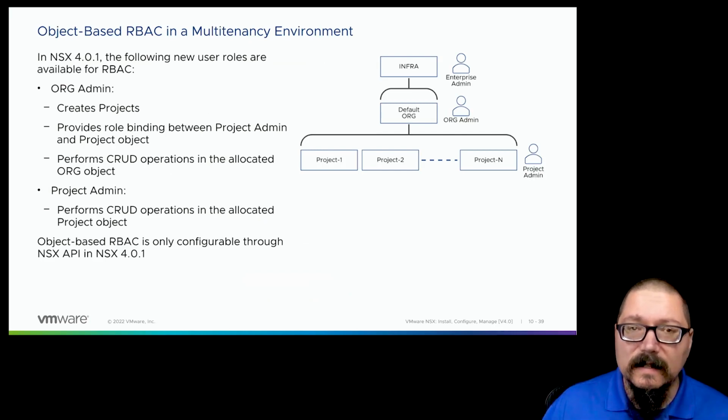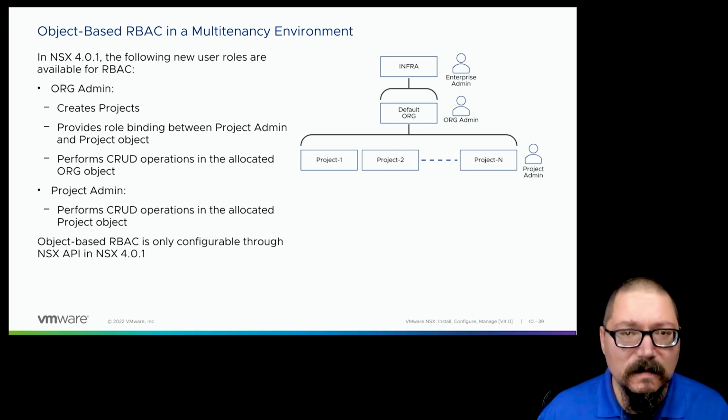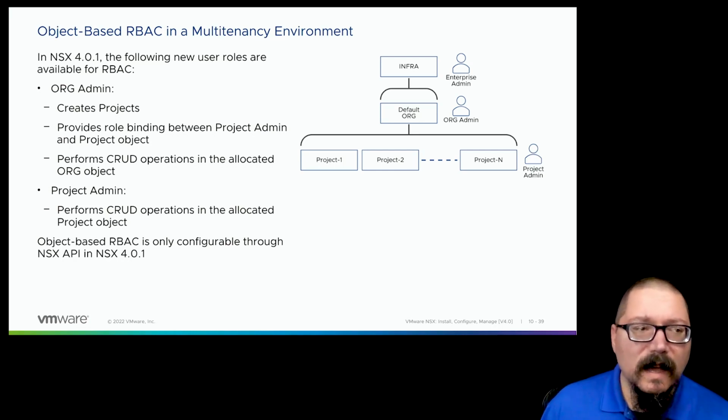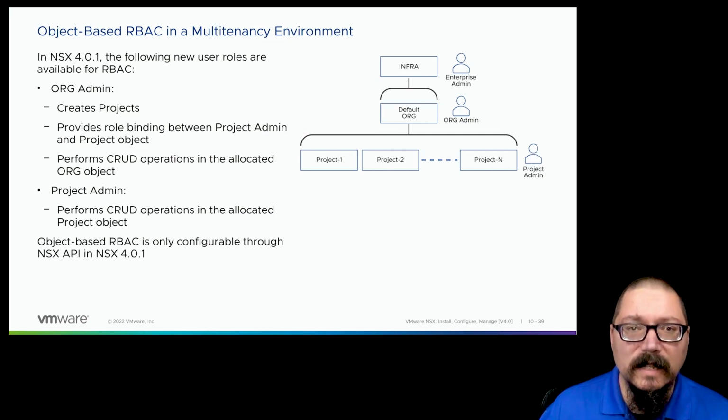And in thinking about that, now I have to think about new users and what objects go in which project and so on and so forth. My org admin, my infrastructure admin, is going to be the user that defines what projects or tenants exist, and will create or assign objects to the tenants.